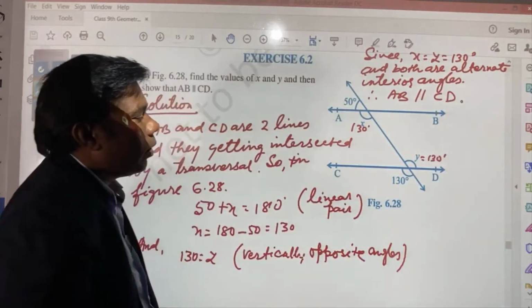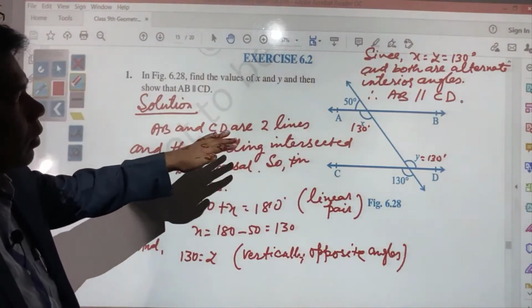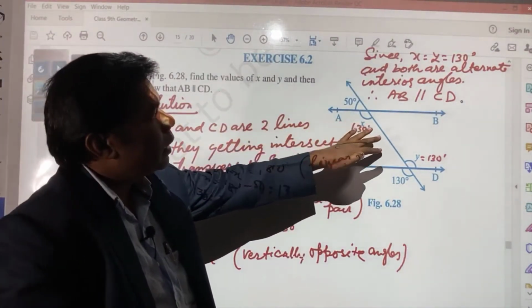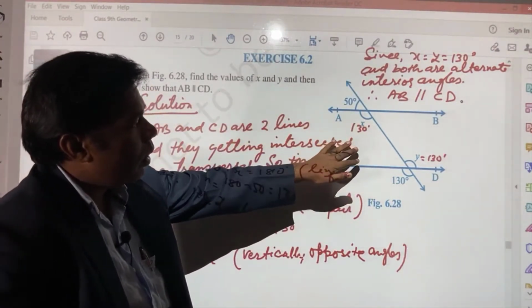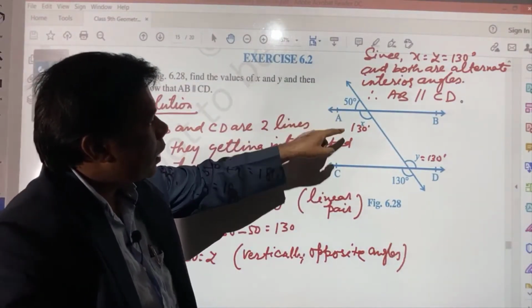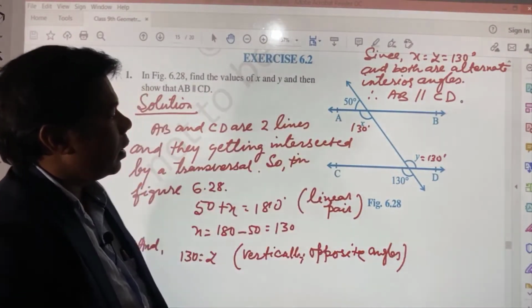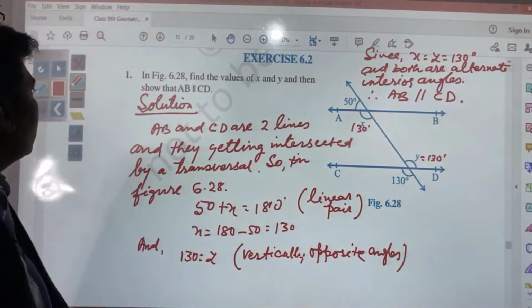So by which theorem? You remember 6.3. If alternate interior angles are equal, then both the lines will be parallel. So in this way, this is required to be written.